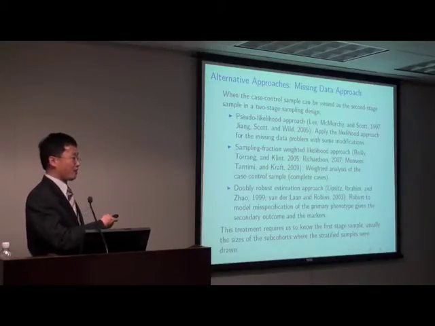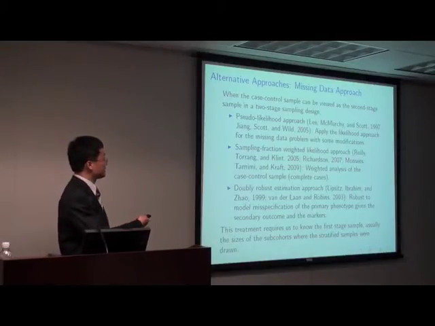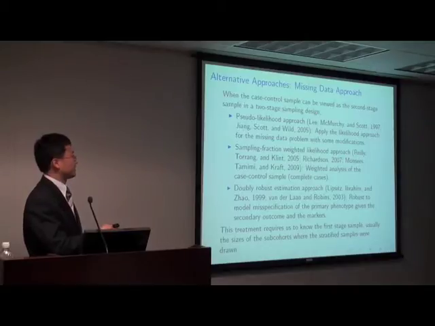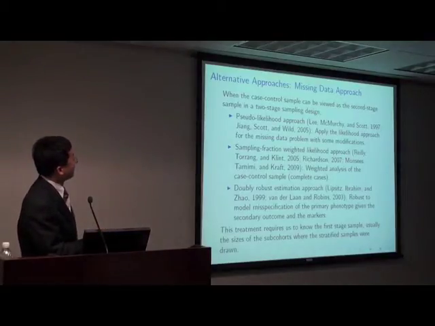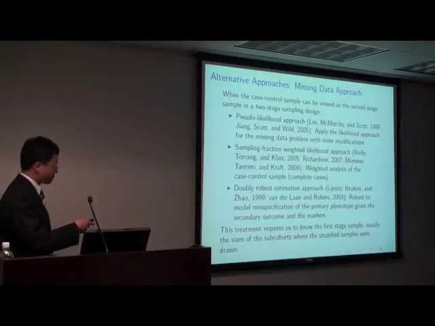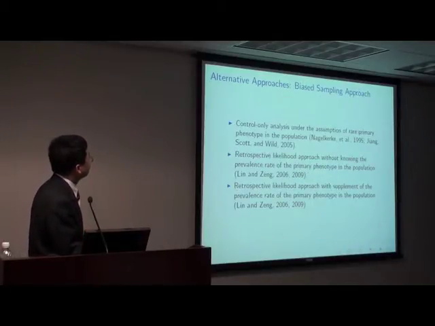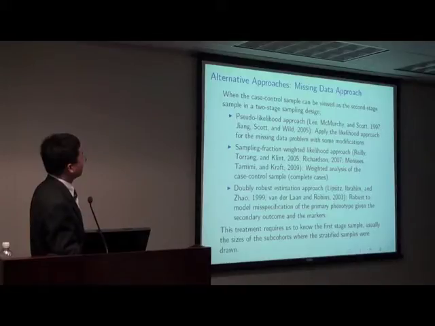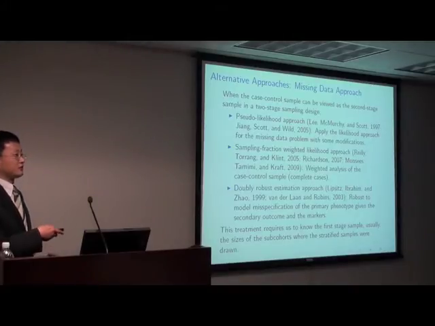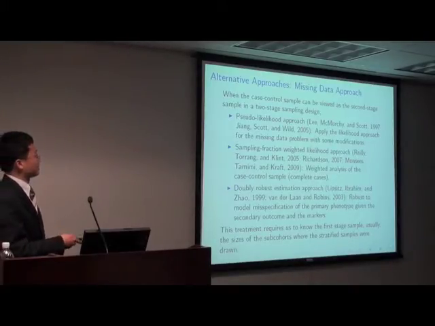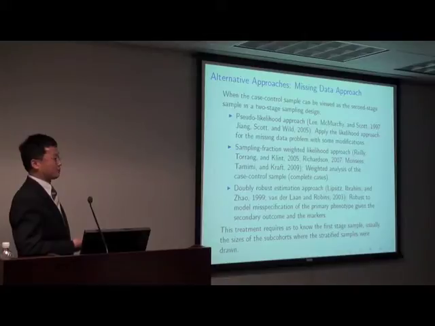And the second stage sample is usually treated as the case control study sample. If we can use this kind of treatment, then a bunch of methods that we use to handle missing data can be applied to this particular problem.